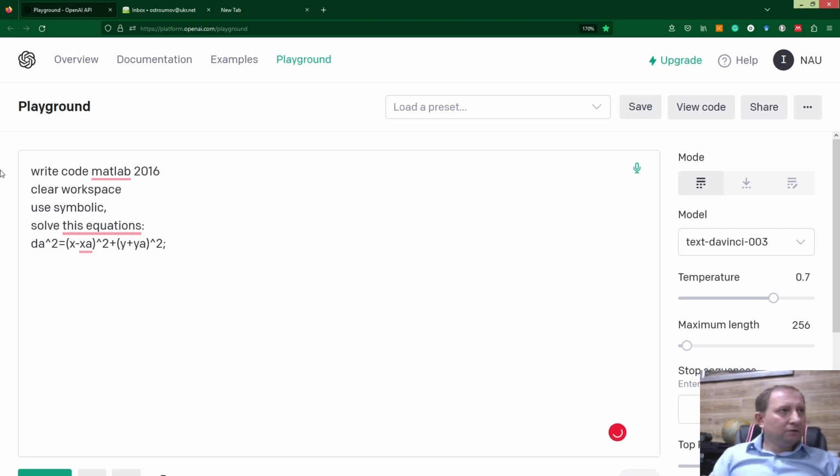And also the same thing for the next equation from point B: dB power 2 is equal to x minus xb powered by 2 plus y minus yb powered by 2.